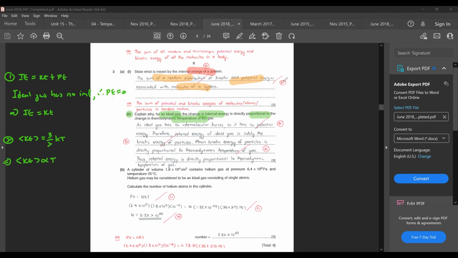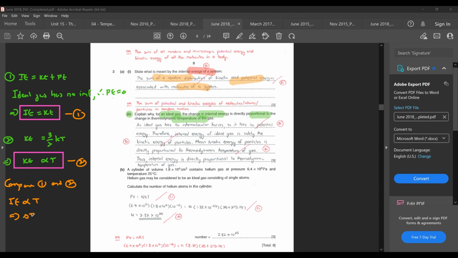So these two equations here: IE is equals to KE and KE is proportional to T. Maybe I don't put the mean here. I just write KE is 3 over 2 kT. If you try to equate these two, 1 and 2, you compare 1 and 2, you will get internal energy is proportional to T, such that change in internal energy is proportional to change in temperature.